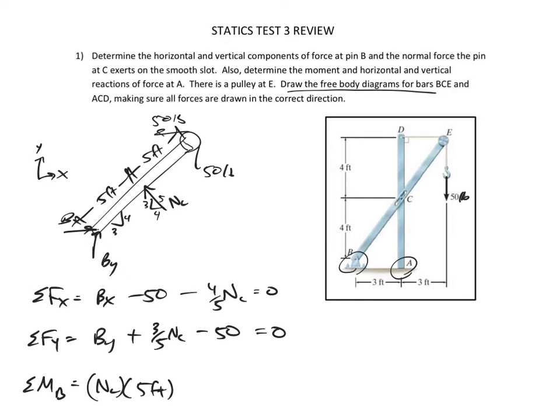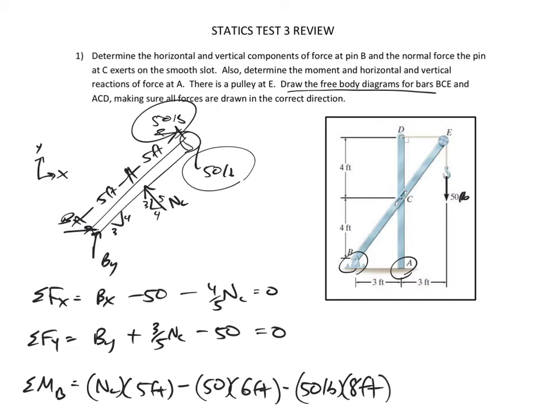Then take this 50 pounds times its distance of 6 feet, and that would be a negative moment, and then 50 pounds times 8 feet for the other one, and that would be a positive moment, equals 0. So from here, we should get NC is negative 20 pounds. So NC is 20 pounds.